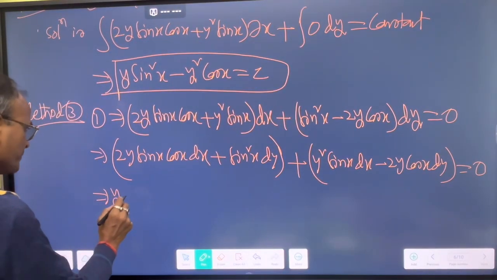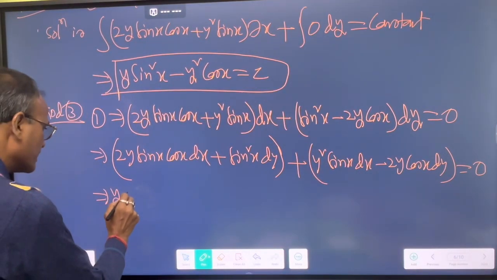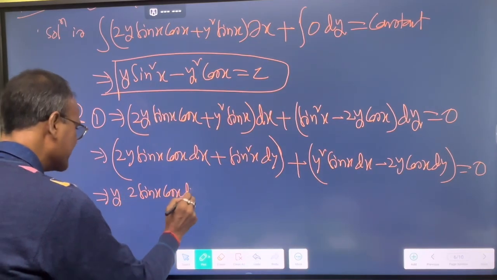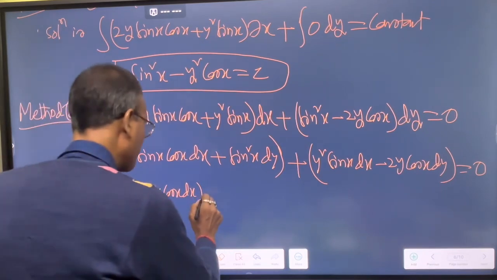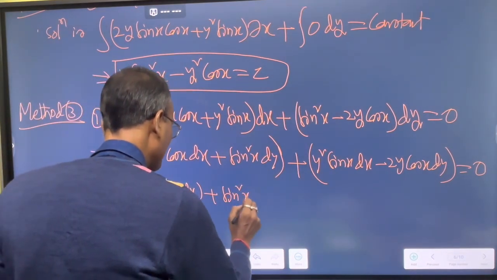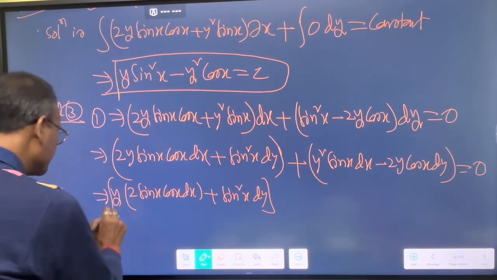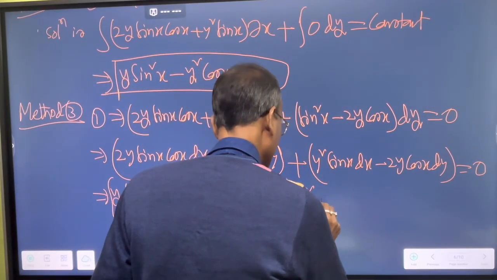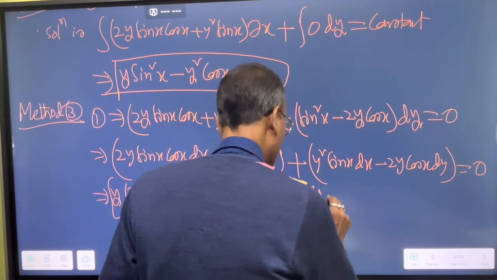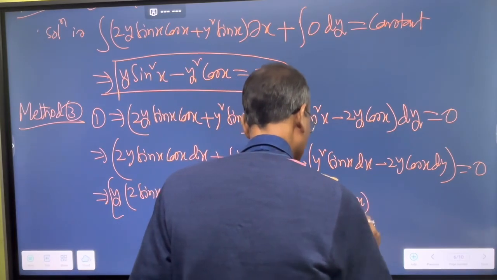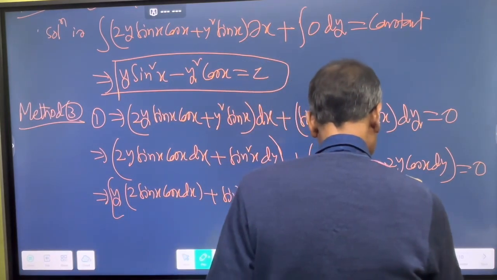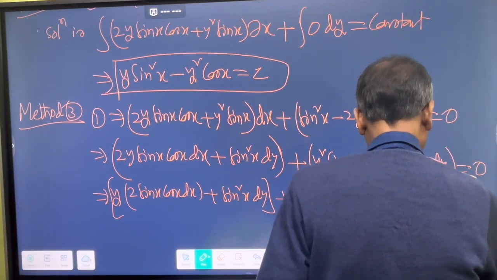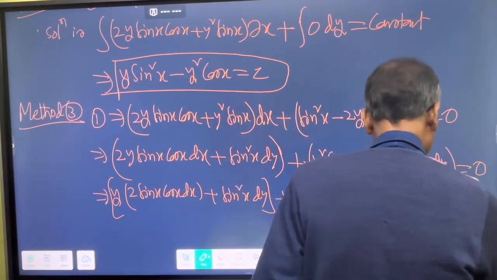Or y, twice sin x cos x dx plus sin square x dy, plus y square, it can be written as d of minus cos x, plus minus cos x twice y dy. You may write like this and group this one.